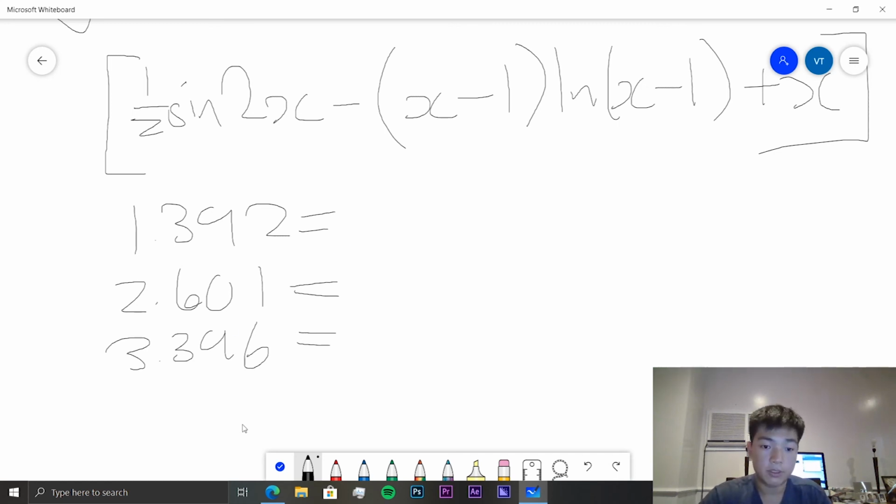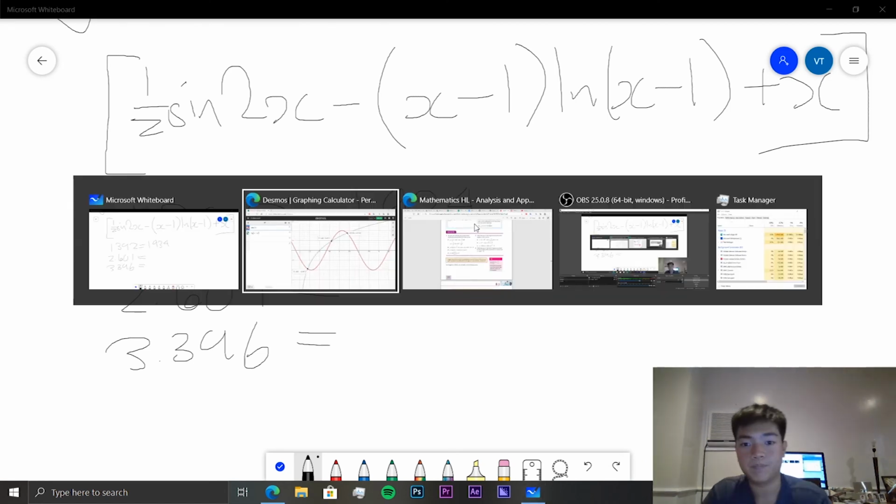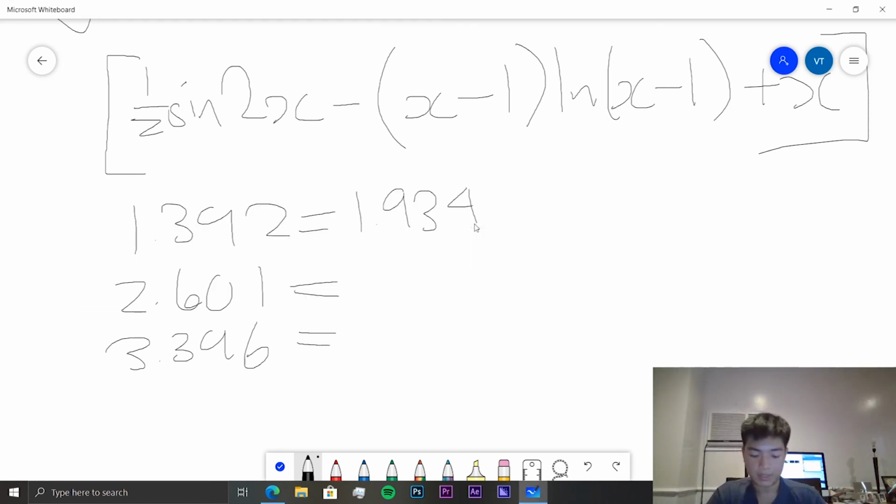So this is equal to around 1.934. Next, for 2.601, we have 0.5 sine 2 times 2.601 minus 2.601 minus 1 times ln 2.601 minus 1 plus 2.601.